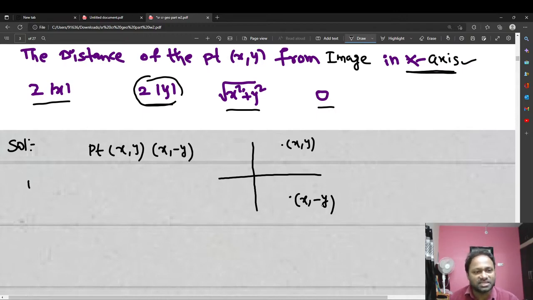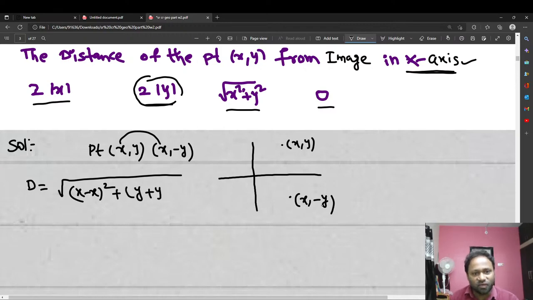So then the points I have are x comma y as well as ordered pair x comma minus y. Now the distance, how can we find the distance? Under root of (x2 minus x1) whole square. From these two we will get (x minus x) whole square plus (y plus y) whole square. Okay, so here y minus into minus plus, under root of its value will be 0 plus (2y) whole square.